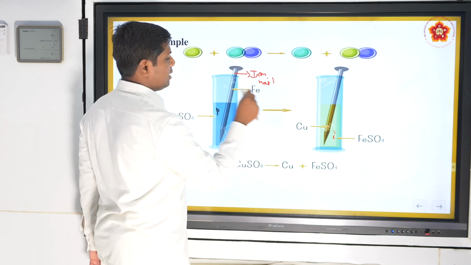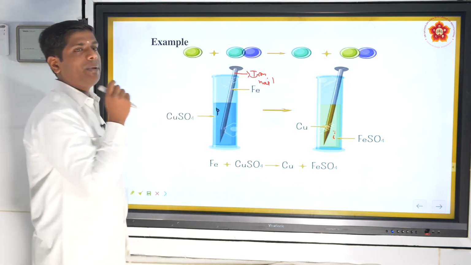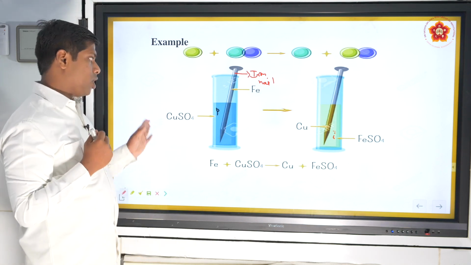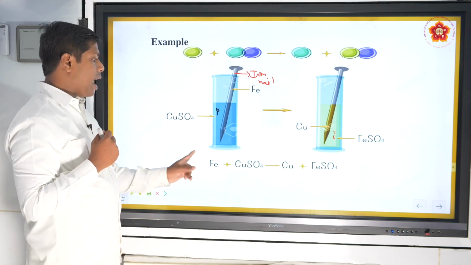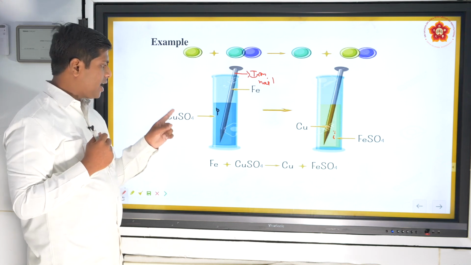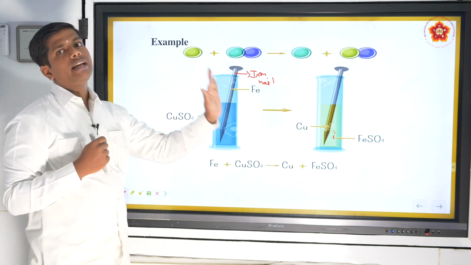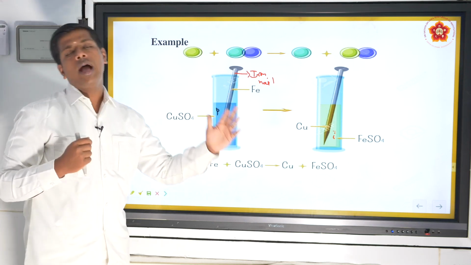Even the iron nail's color changes; it will have a reddish brown layer. Why? When copper sulfate is in the presence of iron, we will get copper and ferrous sulfate. Here a highly reactive element displaces a less reactive element.